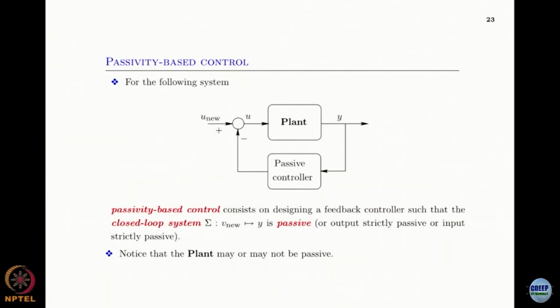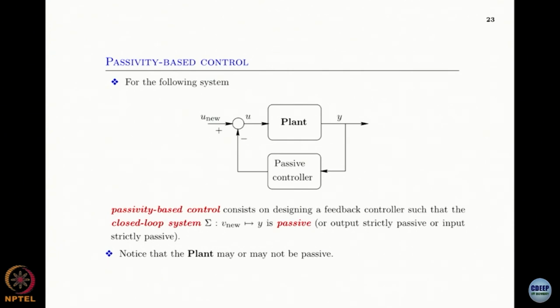So in passivity-based control, what you have is a plant that, let's suppose, is passive, or maybe it isn't, but let's say it has some passivity property. You want to design a controller that you will put in the feedback loop. When you interconnect passive systems in feedback, the resulting system will be passive.